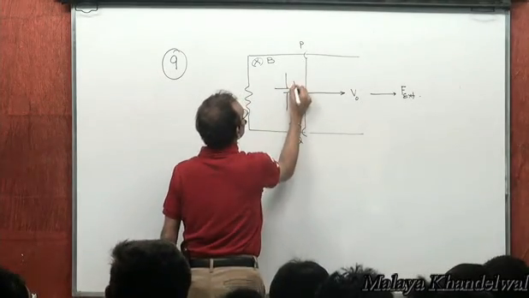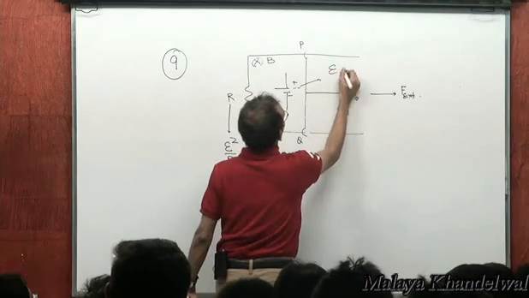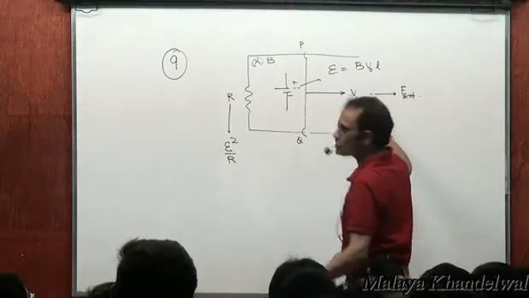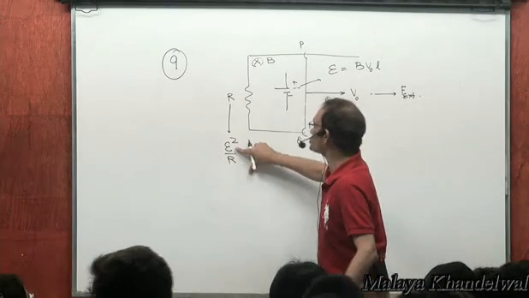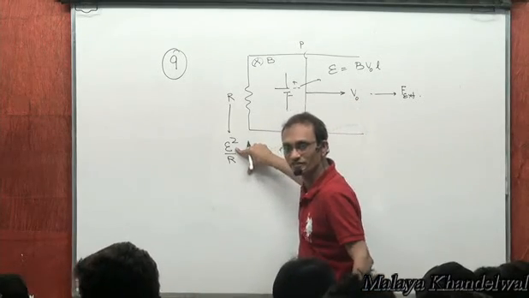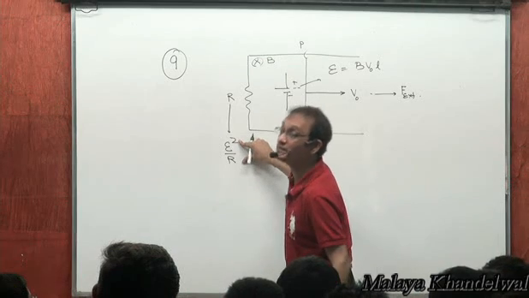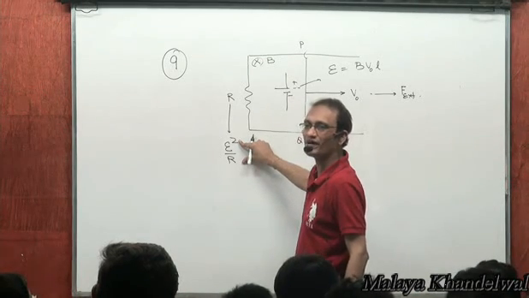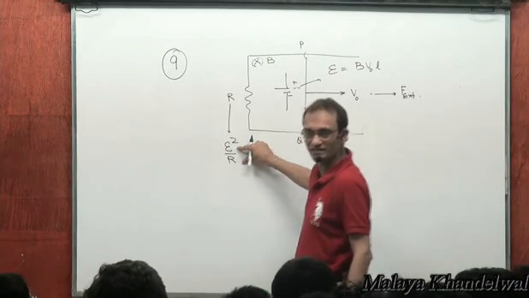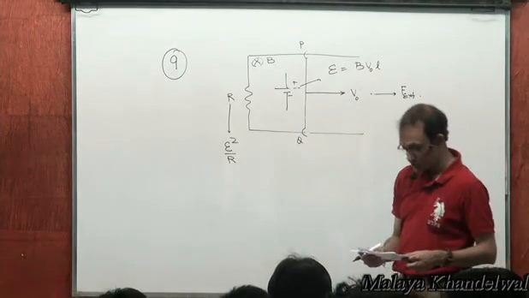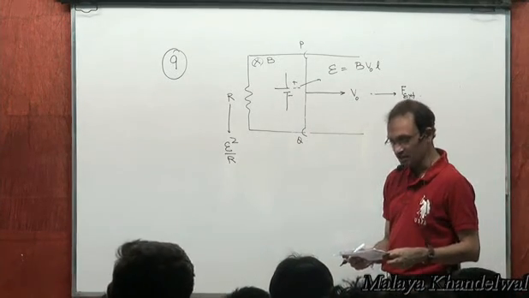The EMF available in the circuit is B V naught into L. V naught is not changing with time, so epsilon is not changing with time. So if you double R, the power becomes half, because epsilon is not changing with time, right? So option D is right. Option D is certainly right.